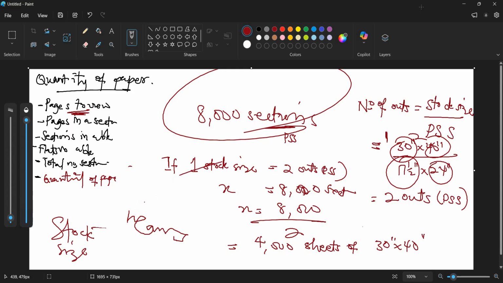So if you are asked to leave your answer in reams, you have to take note that one ream has 500 sheets, right?